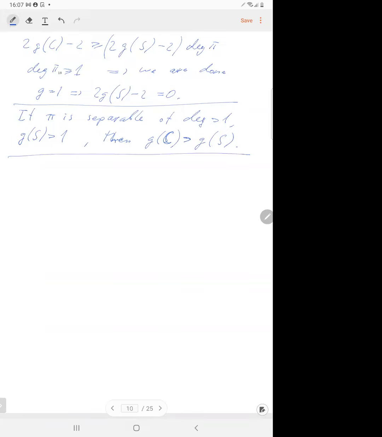Okay, and now the most immediate and simple corollary, but it's actually important and interesting, and it's called Lüroth's theorem.